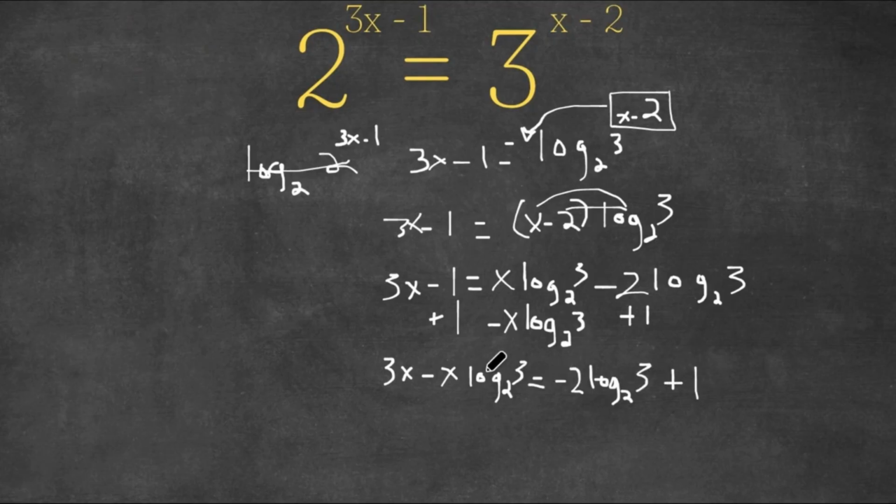All right, so now we're going to factor out x from this expression. So if we factor out x, well, 3x divided by x is simply 3 minus x log divided by x is simply just log subscript 2 of 3.